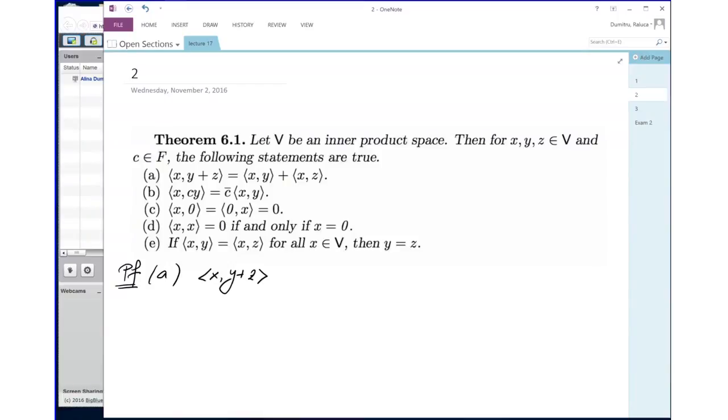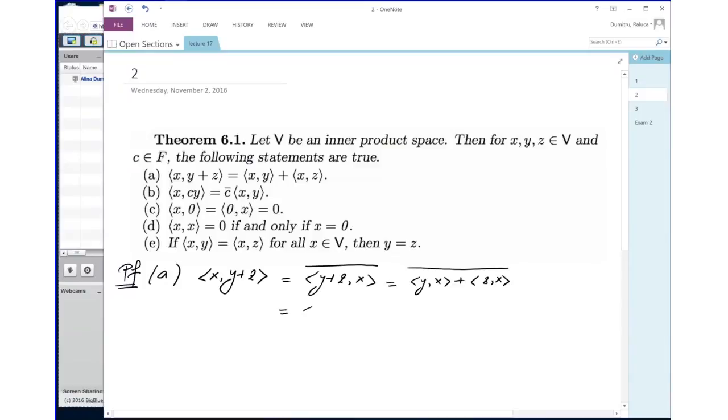To switch the two entries, I'm going to take the conjugate. So I'm going to switch them and complex conjugate. But now inside that complex conjugate, I have an inner product that will split into a sum, right? According to the definition. So yx plus zx.